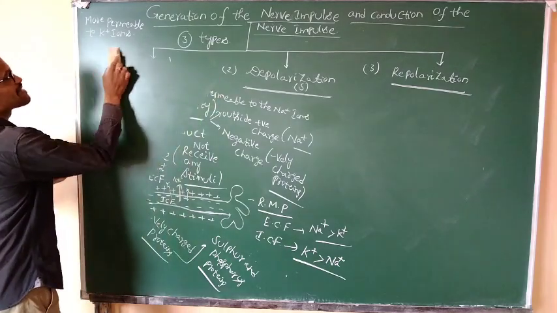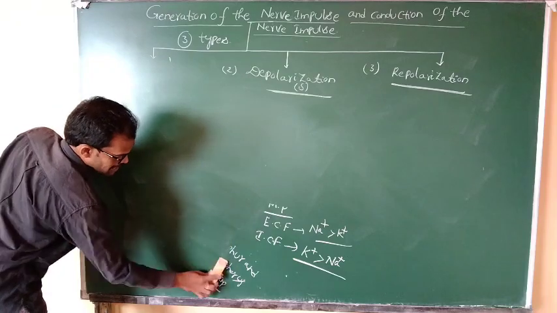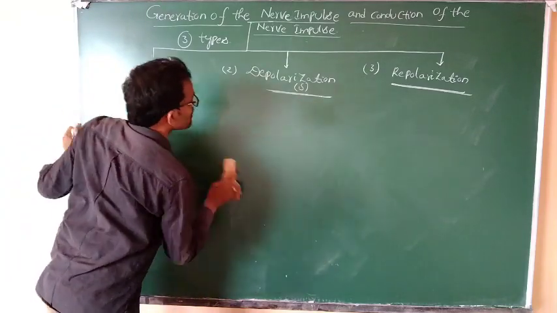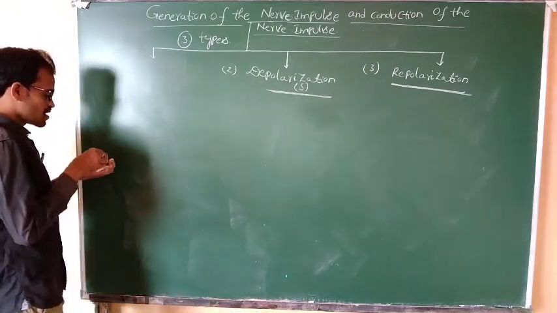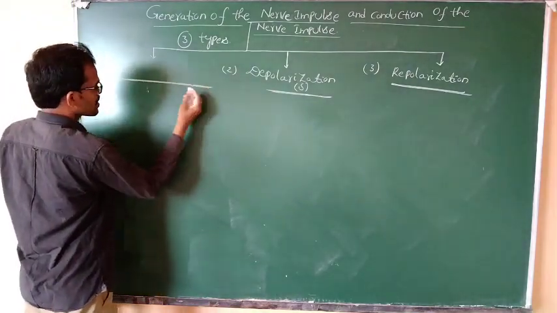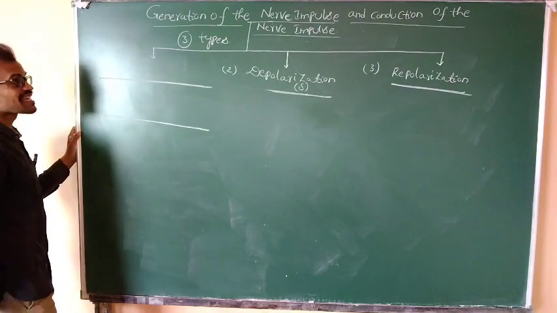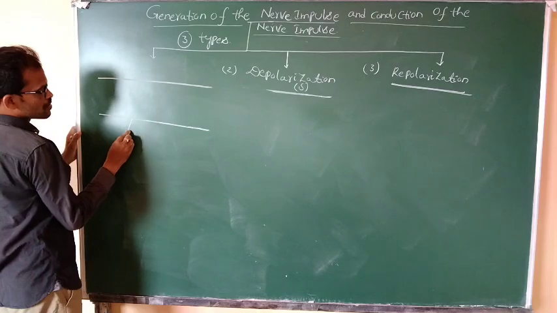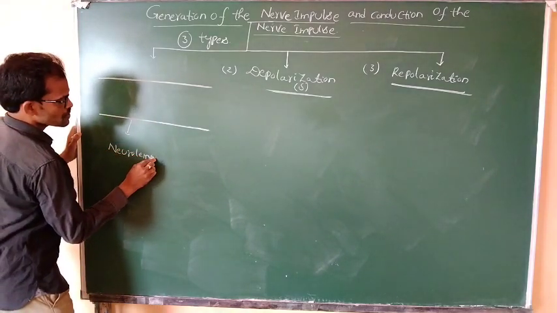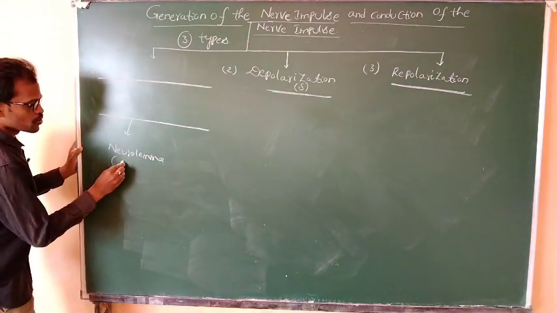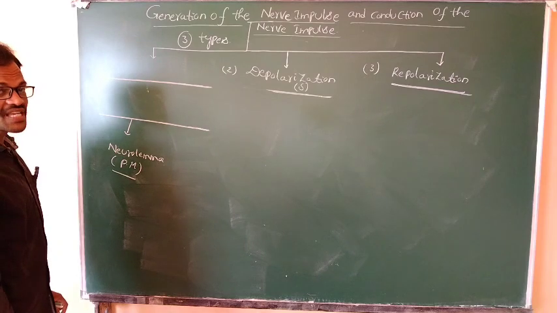During the resting membrane potential, the neurons or nerve fibers are in the resting condition. The neurolemma is the plasma membrane of the nerve cell.